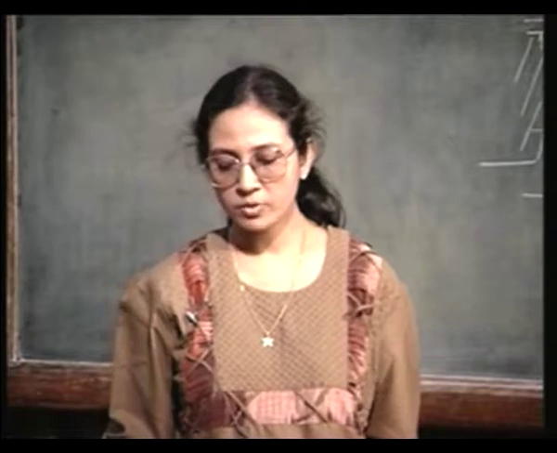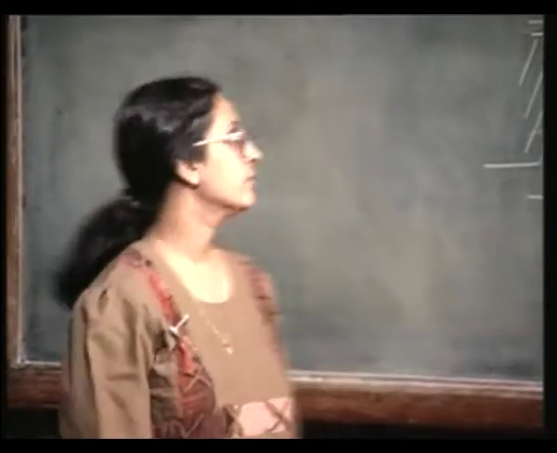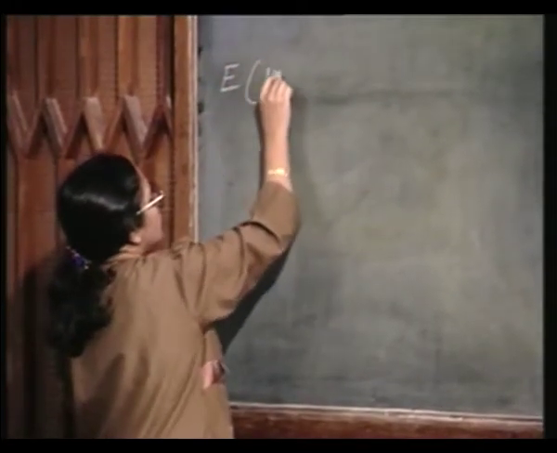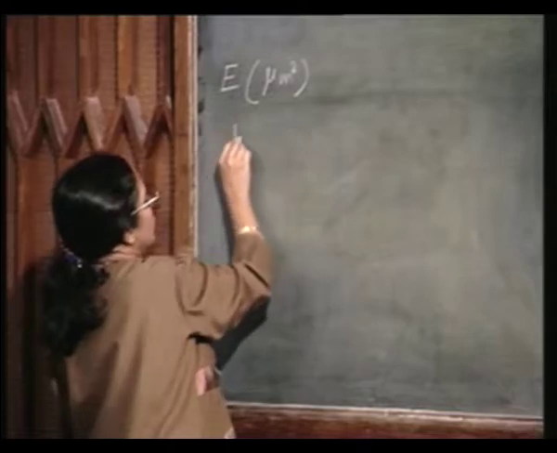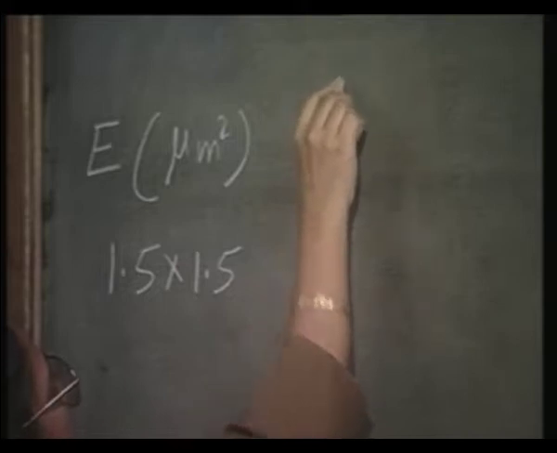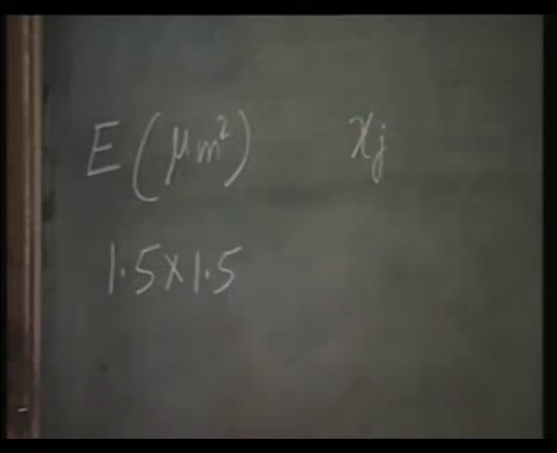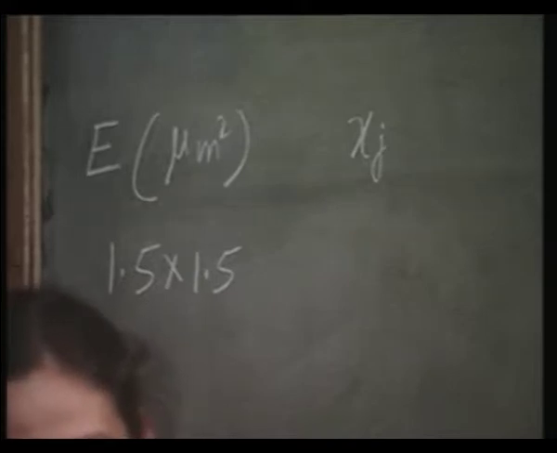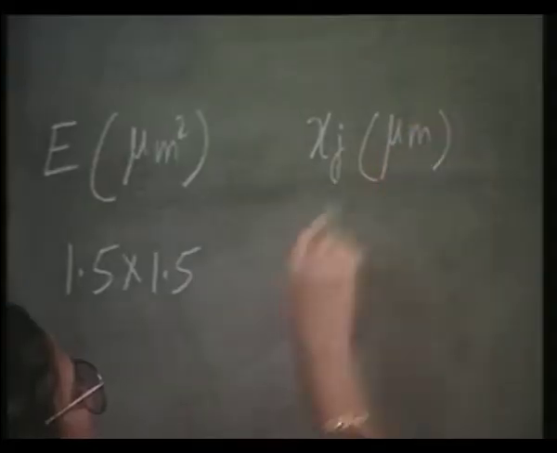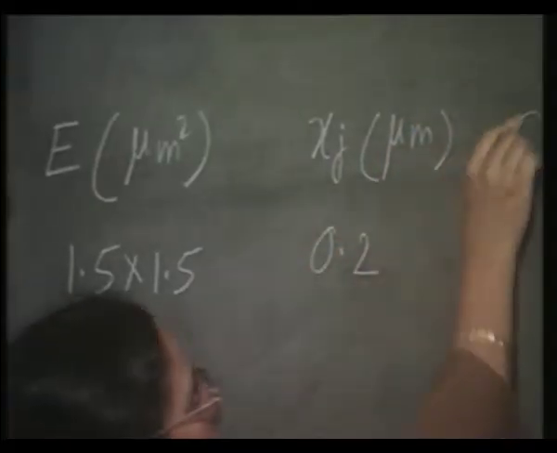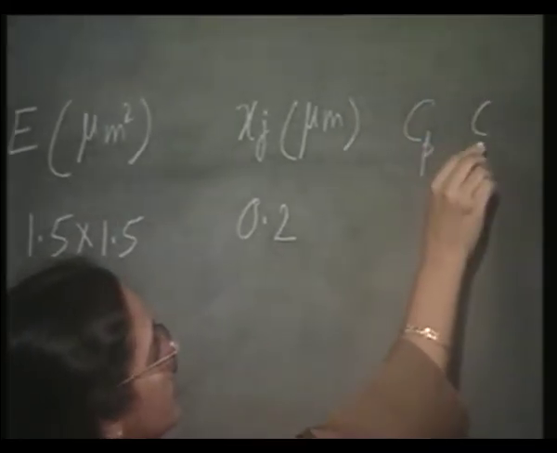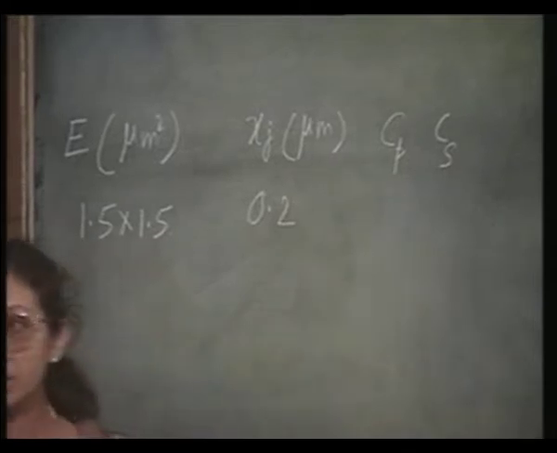I just wanted to give you some example. For example, if the emitter area in micrometer square is 1.5 into 1.5, and if the emitter base junction depth is 0.2 micron, then you have C planar and C sidewall, that we call Cp and Cs.